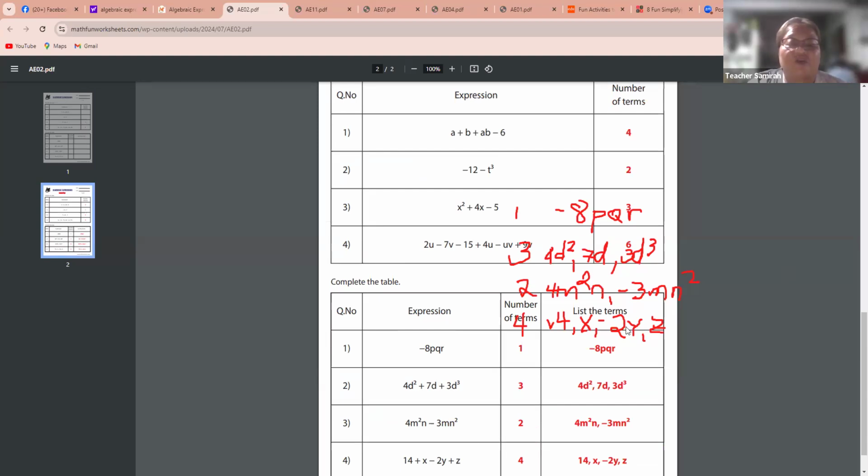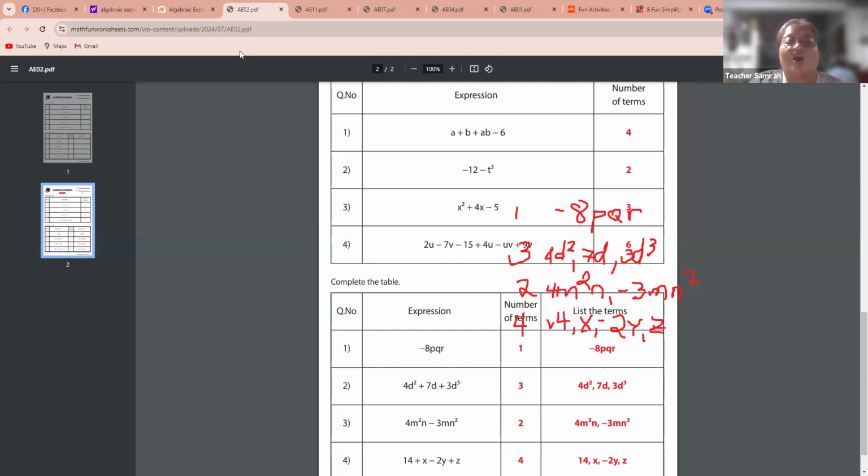Very good. For number 2, 4d squared, 7d, and 3d cubed. Very good also. Number 3 is 4m squared n and negative 3mn squared. And the last but not the least is 14, x, negative 2y, and z.